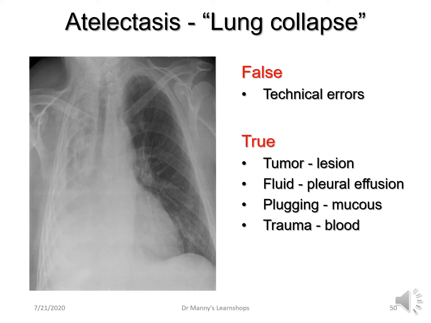There's an example here where you've got tracheal deviation to the right side as a consequence of atelectasis. Because you get atelectasis, it pulls the trachea over to that side. But this is an example of right lung complete atelectasis collapse.